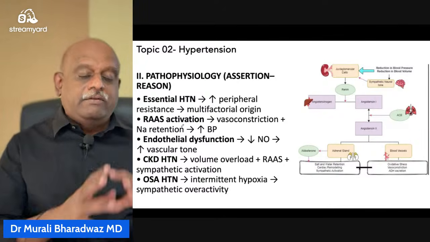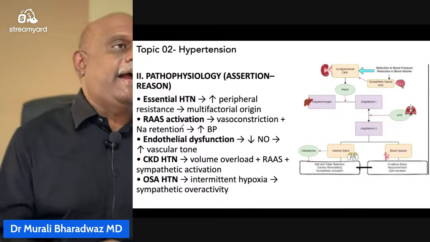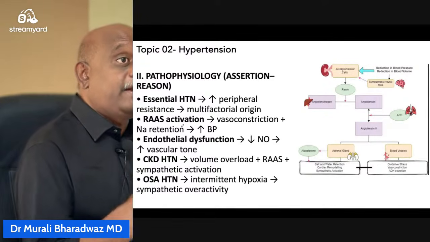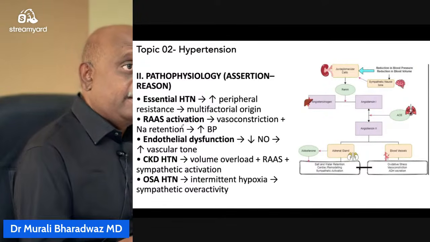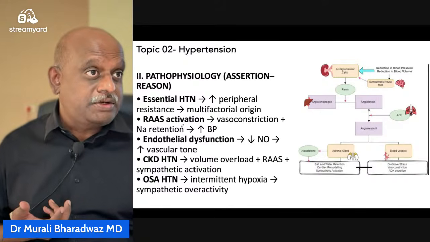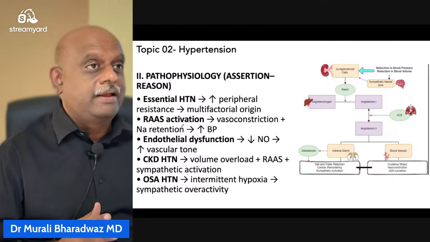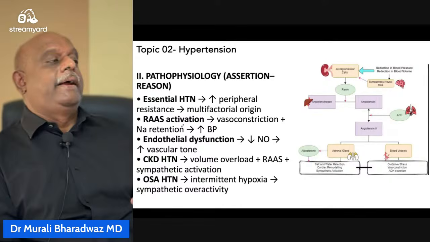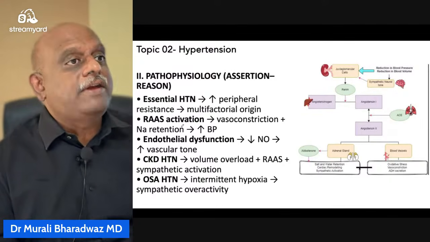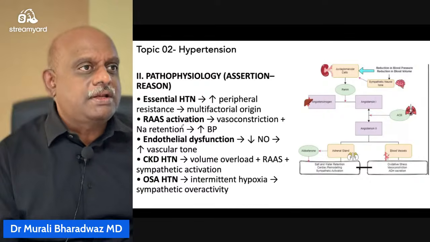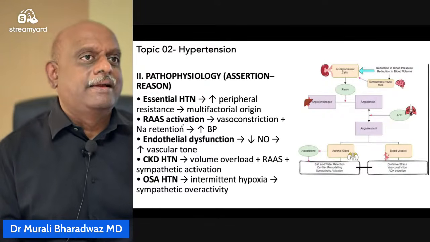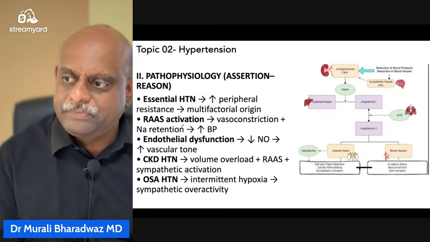Similarly, whenever somebody has chronic kidney disease with hypertension, normally the kidney is responsible for draining the fluid from the body. Then there is a lot of fluid retention, volume overload, right? And there is renin-angiotensin activation. High angiotensin leads to sympathetic activation. That leads to hypertension, pathophysiology in CKD.